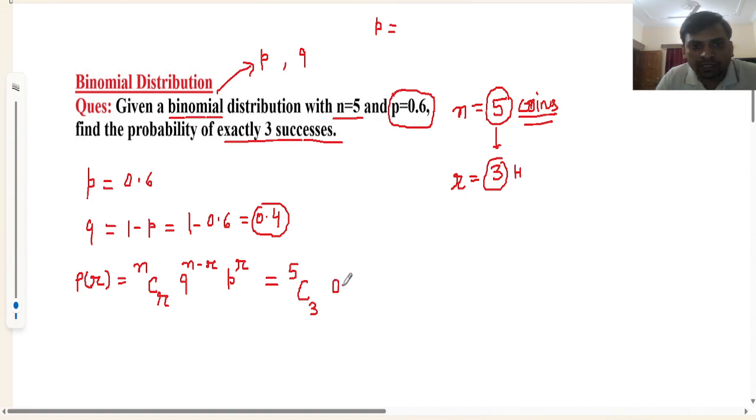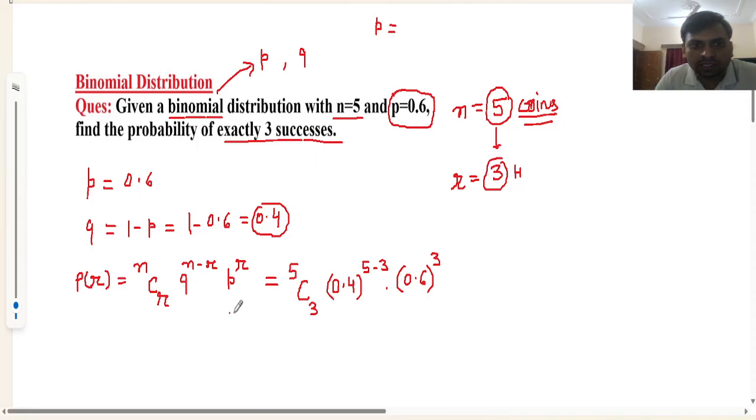So we will write this as 0.4 raised to the power n minus R, that is 5 minus 3, into P, where P equals 0.6, and the power is R, which for this case is 3.